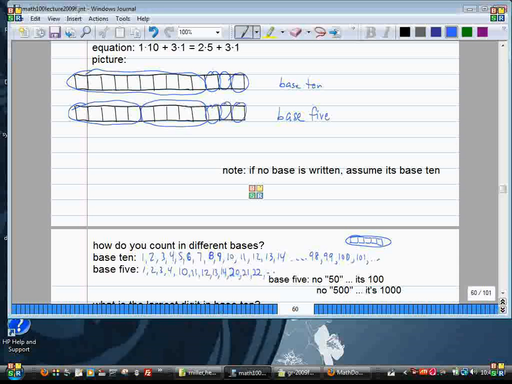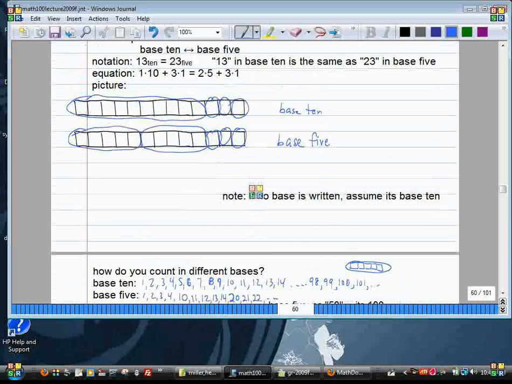21, 22, blah, blah, blah. Now, what's the next interesting thing that happens? Well, 43, 44, what number comes after 44? 50, really?